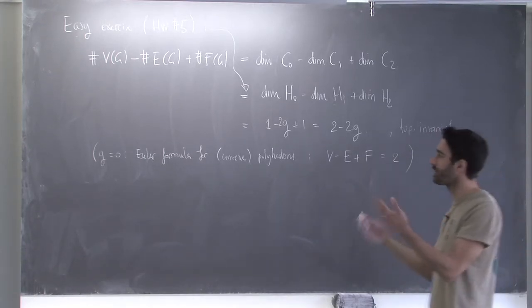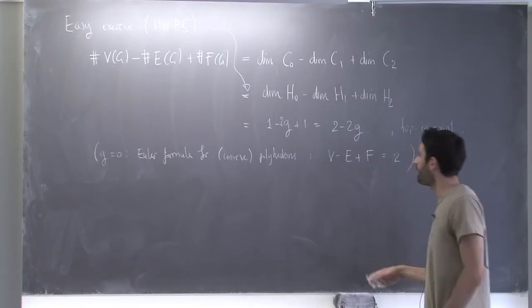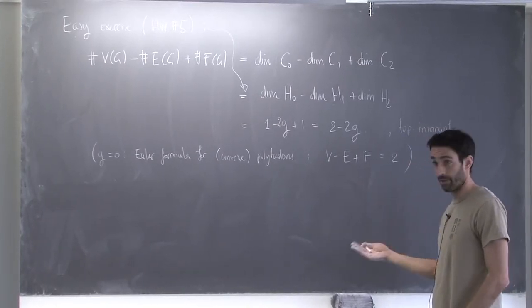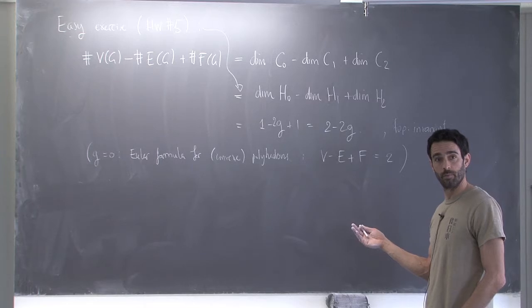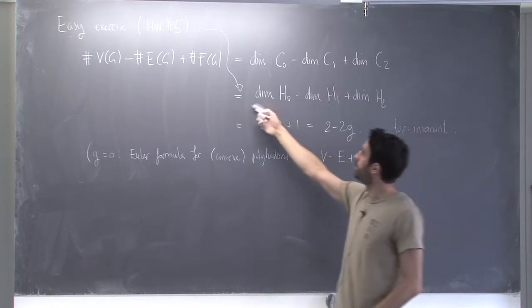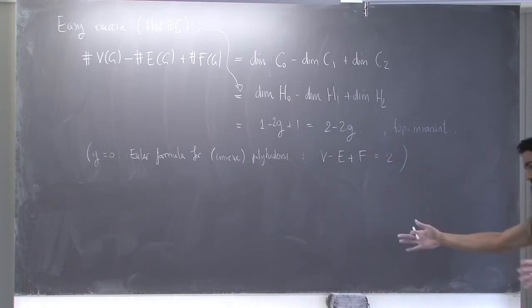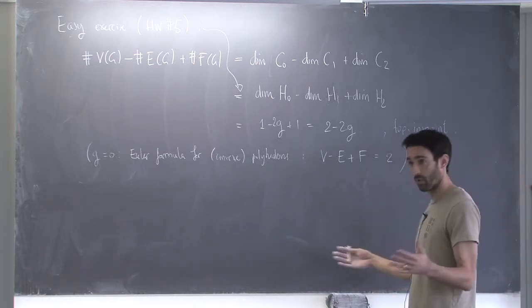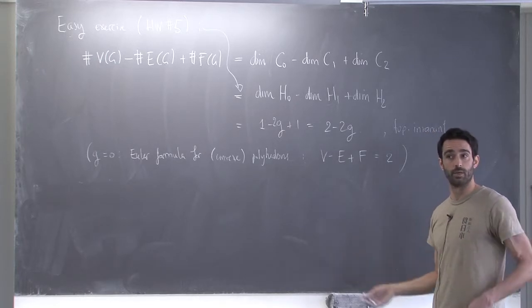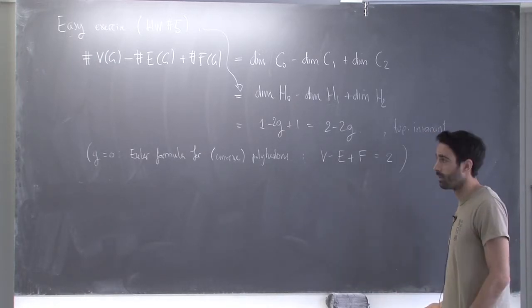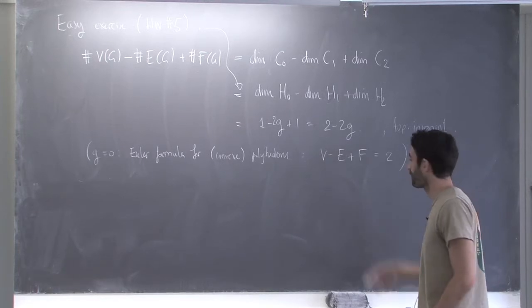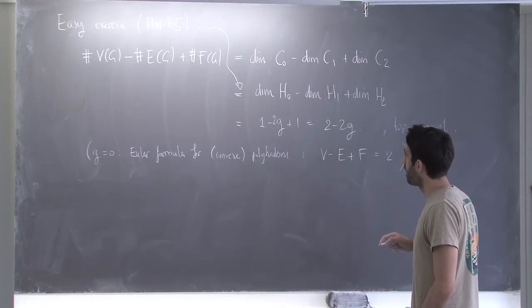And Poincaré was interested in this, and he had the idea to use linear algebra here to solve this problem. In the old times, they were really looking at big sets of equations and counting the number of solutions of these equations. And that's the way Poincaré came up with homology. Okay.